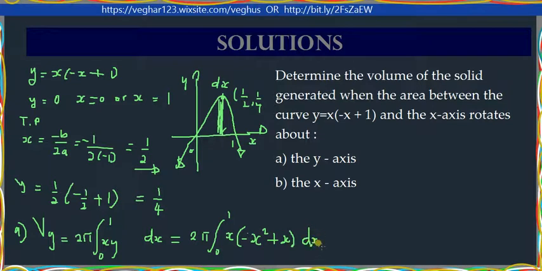Then we're going to multiply inside by the x which is outside. Rearranging this one, we'll take the negative to the other side, so we're going to have x squared minus x cubed dx.